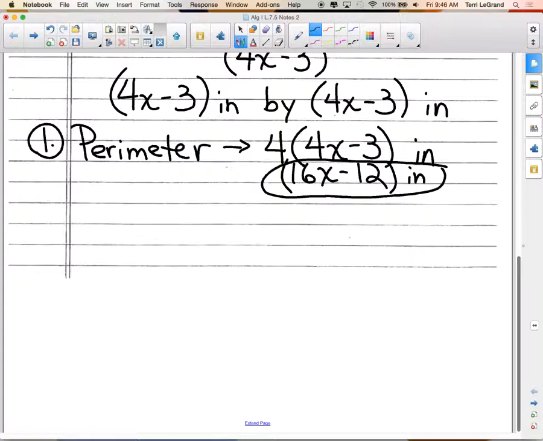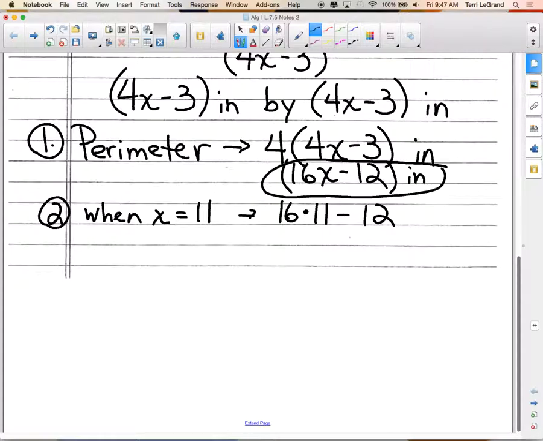And then the second answer says, what is the perimeter when x equals 11? Okay. So basically we are going to substitute in 16 times 11, and then we will subtract 12. Well, 16, don't take your calculators out, seriously. 16 times 10 is? 160.